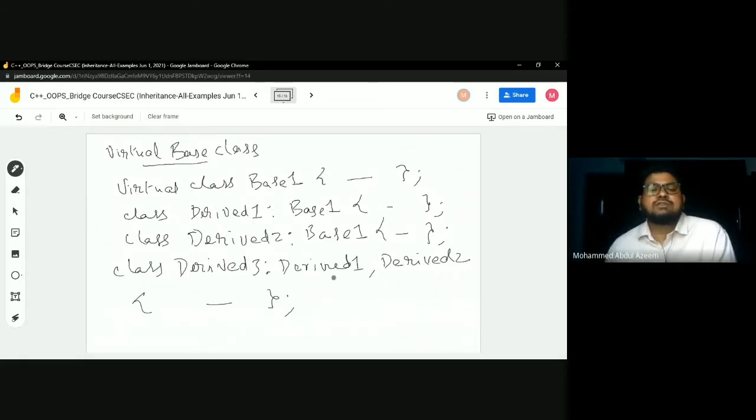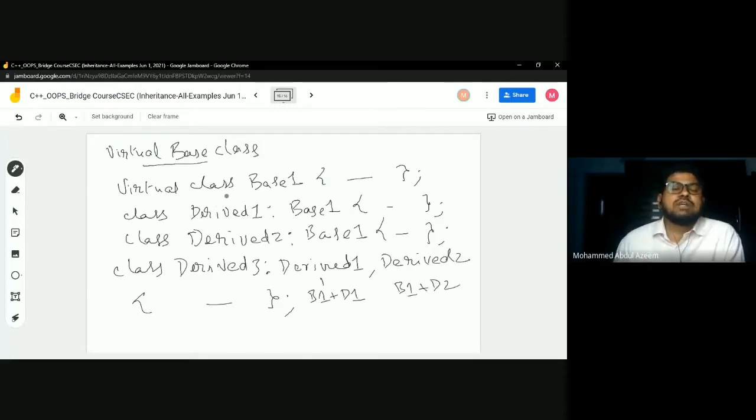Derive one is getting its own properties. Along with it, base one properties will also be made available. Derive one is bringing B1 plus D1. And when you are inheriting derive two, what happens? It is bringing its own properties, and along with it, it will bring B1 as well. Yes or no?